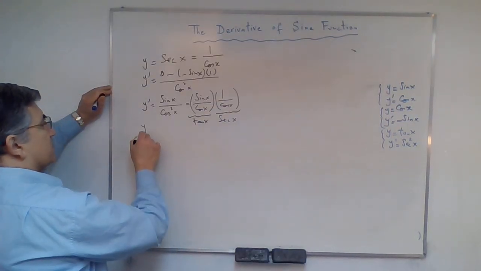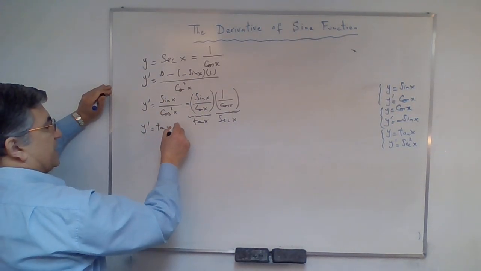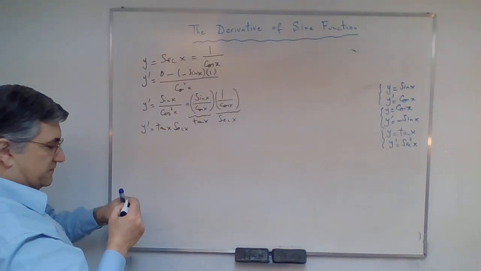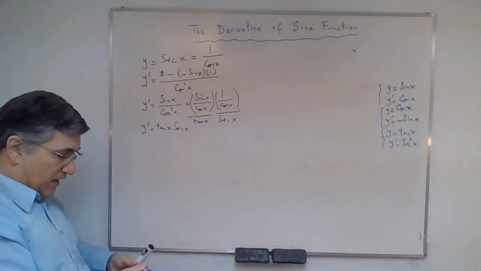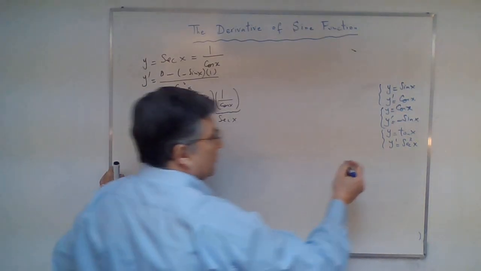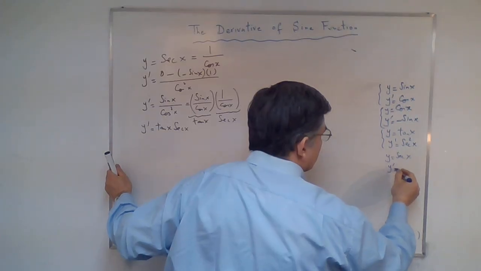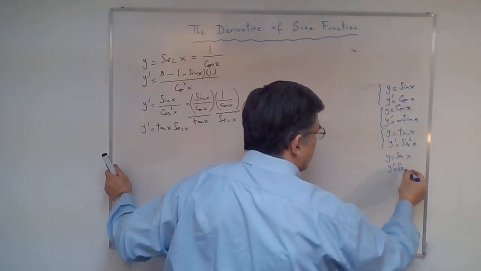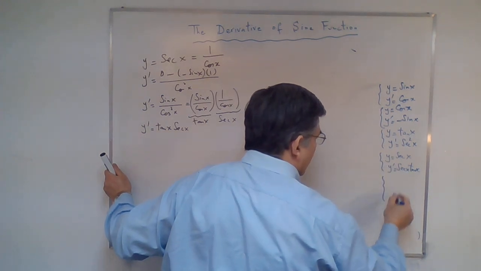So that means that the derivative of secant of x is actually tan x times secant of x. We derived another formula. I'm going to add it to my list. So if y equals secant of x, the derivative is going to be secant of x times tangent of x.